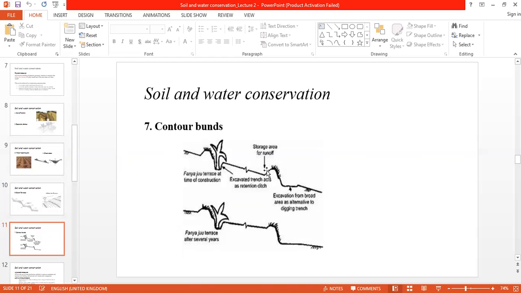So it's basically making a barrier that blocks water in this direction.